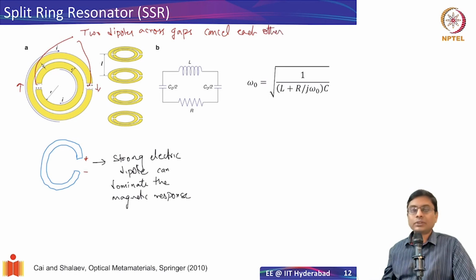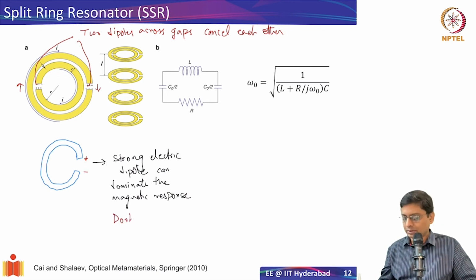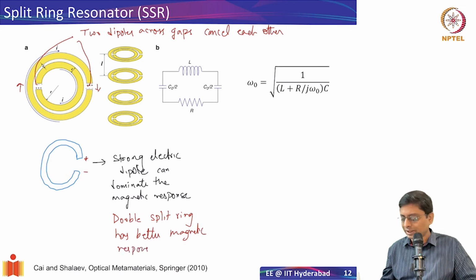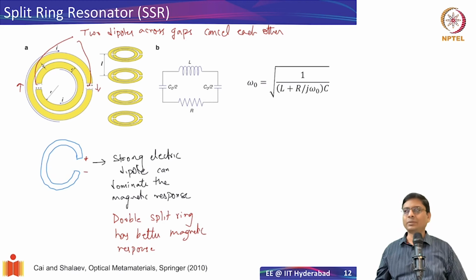So that's why we introduce a double split ring: it has a better magnetic response, or rather the electric response is suppressed, so the magnetic response is what dominates, and that's what we do.